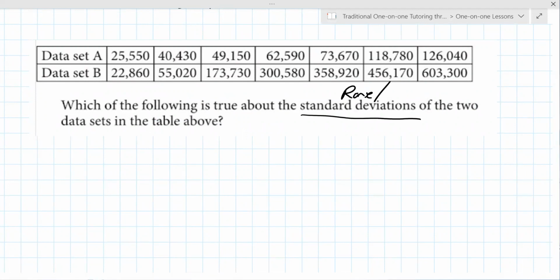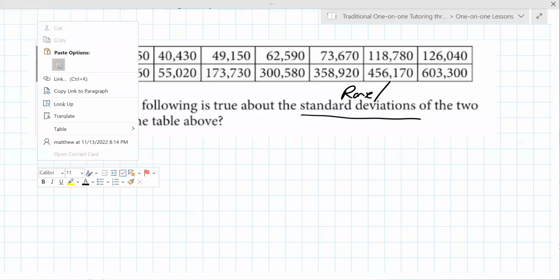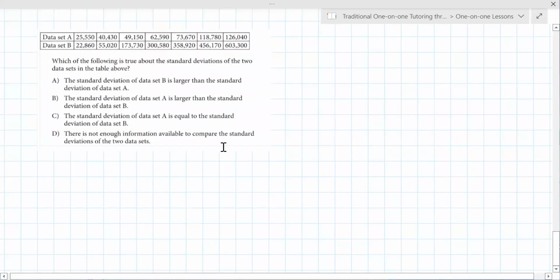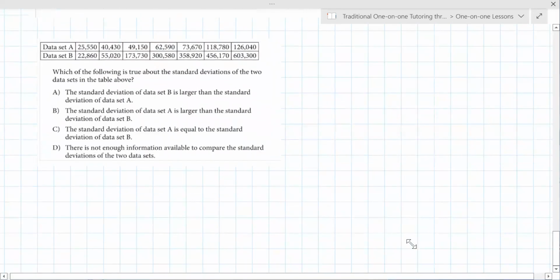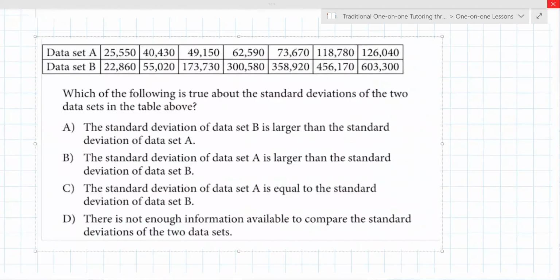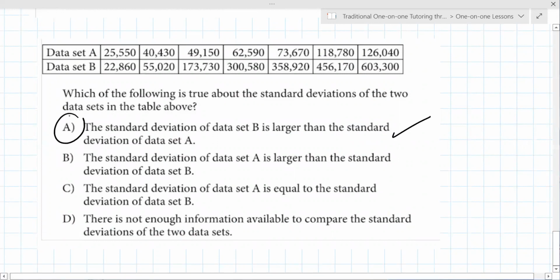Now, let's snip in the entire question with the answers. And this is one of those which-of-the-following questions, so you have to look through them all to decide if there's one that matches what you think the correct answer is. A. Yes, that's right. Very good.